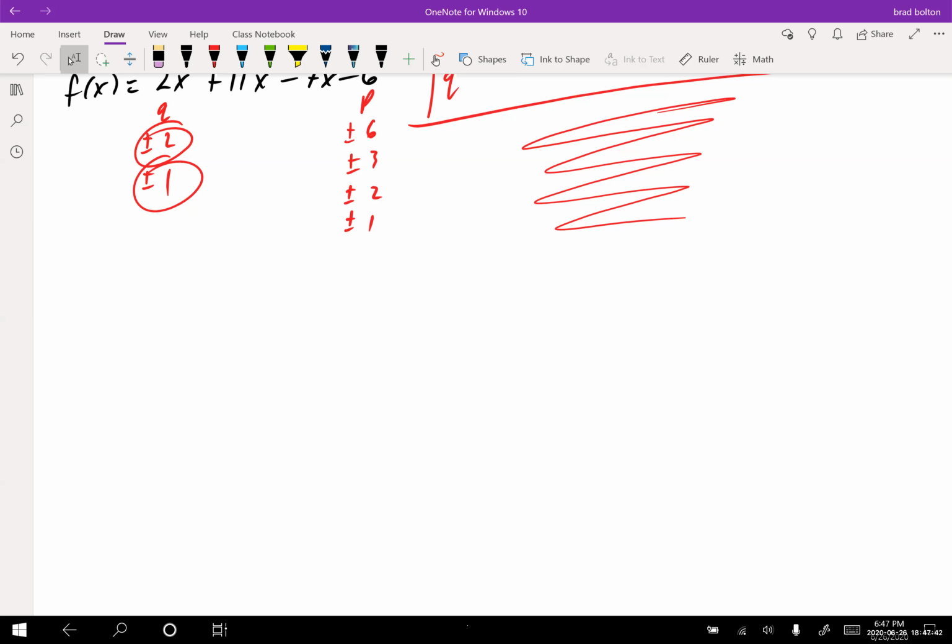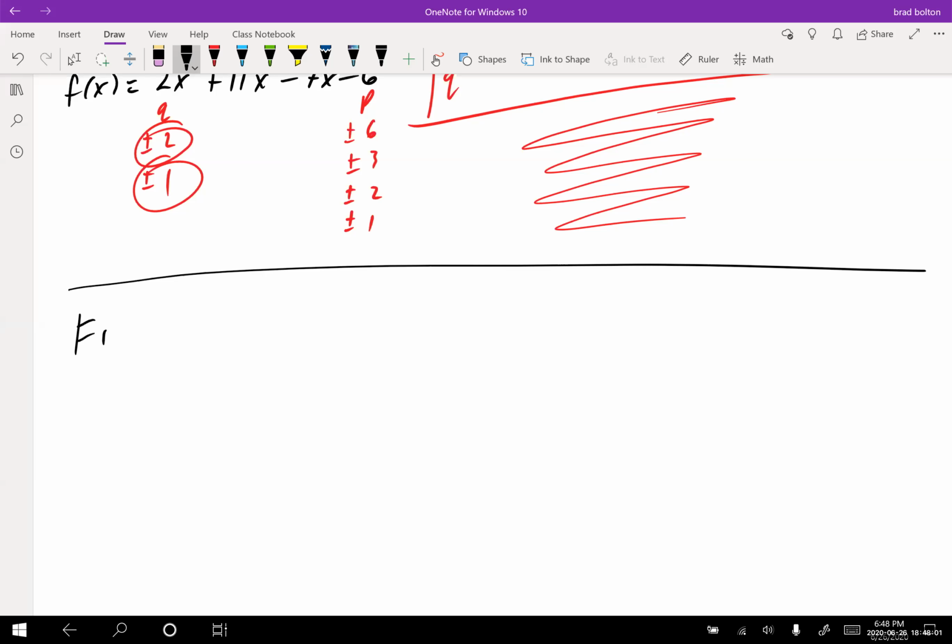So let me have you guys do an actual problem where we want to find all of the rational zeros. Oh no, you know what? Let's find all the real zeros. This is an actual test question. Now that we have all this knowledge and all these things we can do, I want to find all the real zeros.